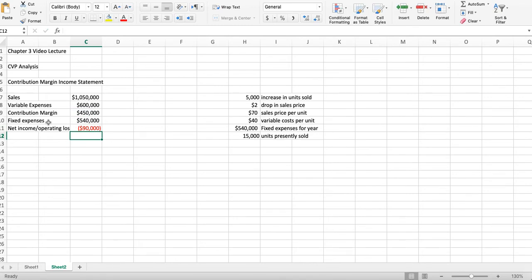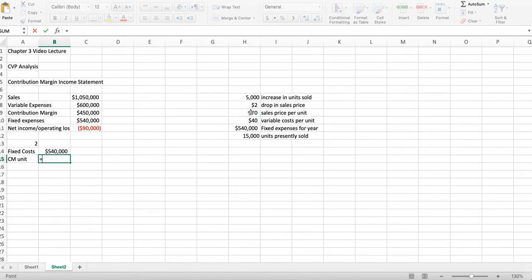That's currently. Then in number 2, it asks us, what is the present break-even point in unit sales and in dollar sales? The way you calculate break-even point in units is your fixed cost divided by your contribution margin per unit. Our fixed cost is $540,000, and our contribution margin per unit is our current sales price minus our current variable cost, or $30.